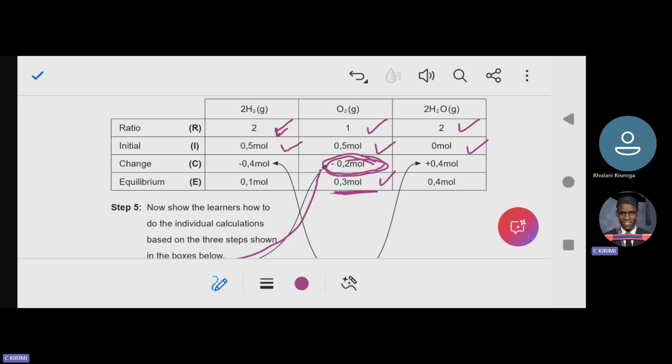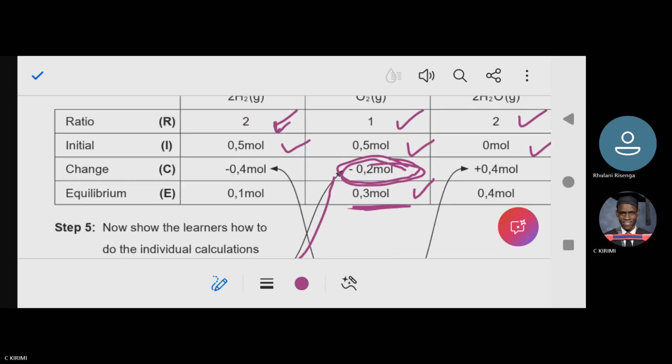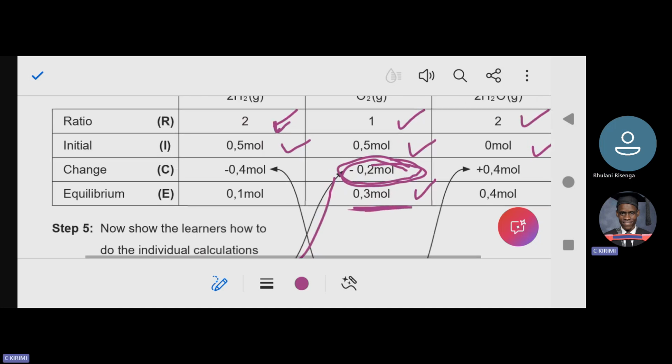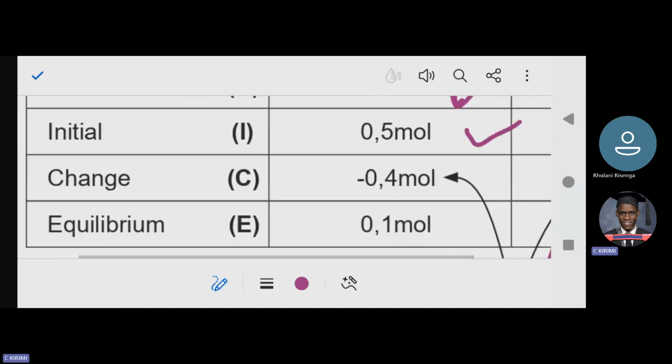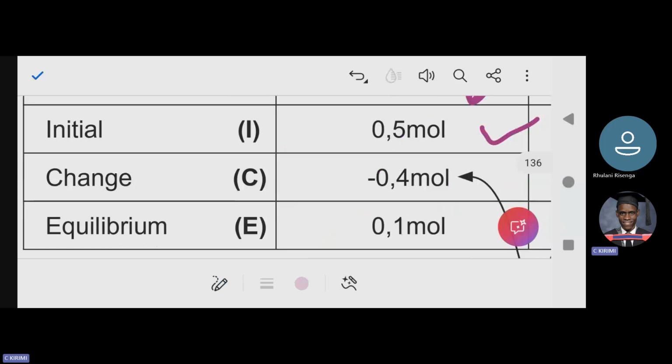Is it the change? Yes, because that's why I am saying this change sometimes confuses learners. The change is fine, but you can even say these are the number of moles that reacted.